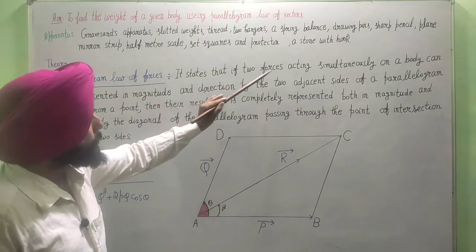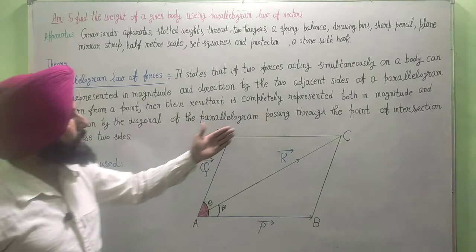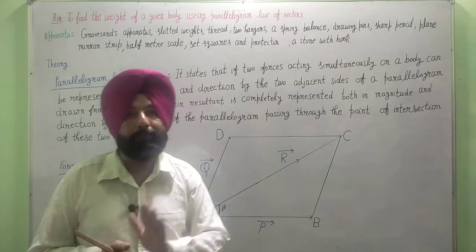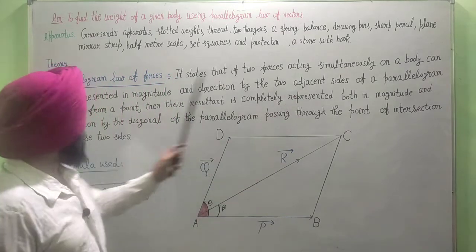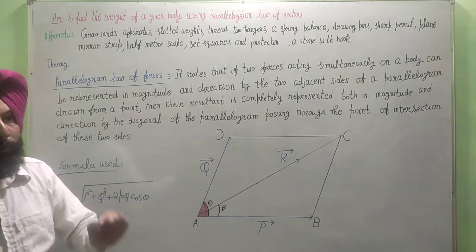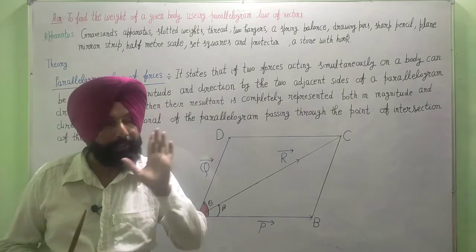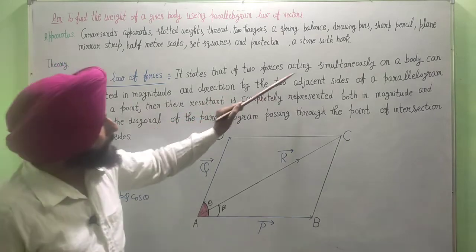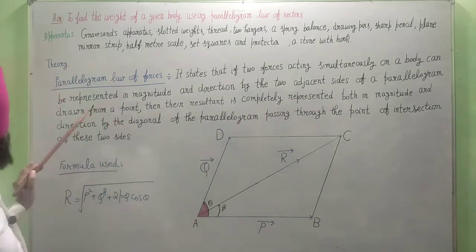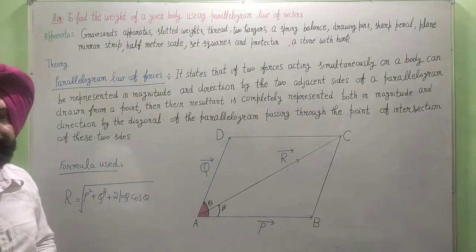It says that if two forces are acting simultaneously, meaning two forces acting on a body at the same time, can be represented in magnitude and direction. The forces have magnitude as well as direction, and can be represented by the two adjacent sides of a parallelogram drawn from a point.